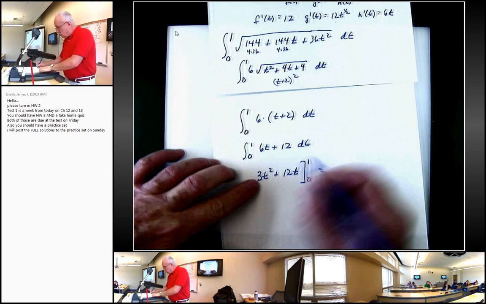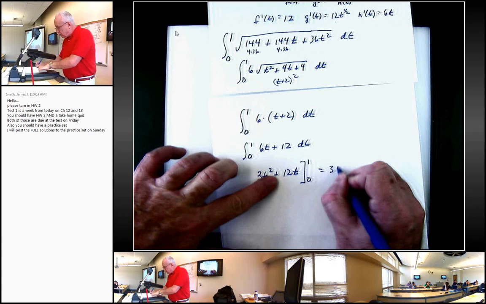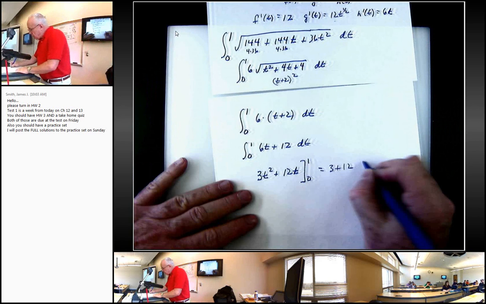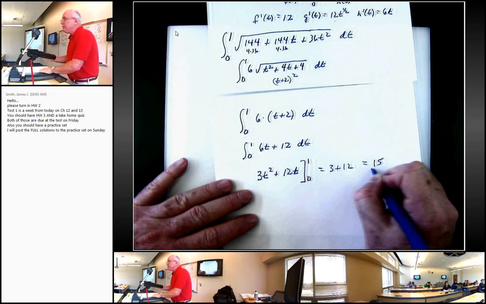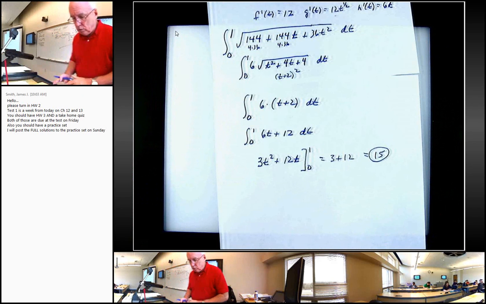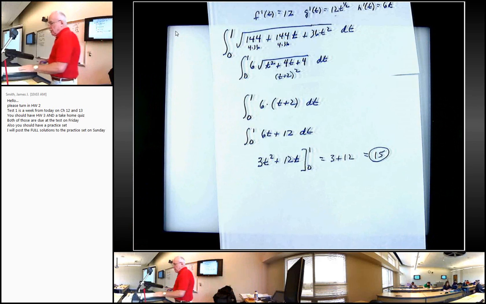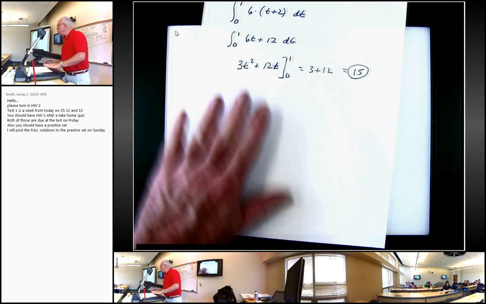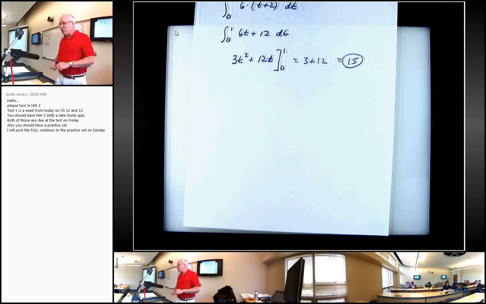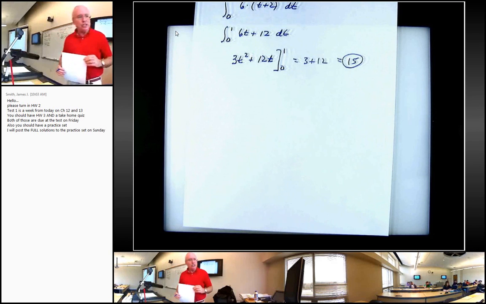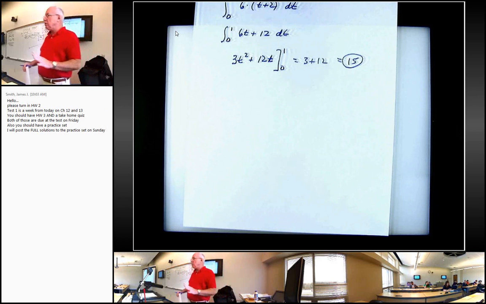I plug in the 1, I get 3 plus 12. I subtract the zeros, I just get 0. So I find out here that the length of this line is a nice 15 as my answer, okay? So you'll have this type of thing that'll work out where you don't get a horrible antiderivative to have to figure out, okay? Question on just figuring out that arc length.